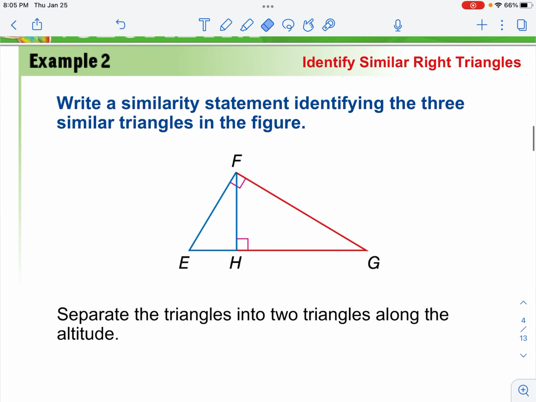So if I'm identifying the pieces that go together, the hypotenuse is always across from the 90 degree. So this one's 90 degrees is here. So this one's hypotenuse is here, EG. Go ahead and erase that one for a minute. Let me switch colors. This one's 90 degrees is here, making this one its hypotenuse.